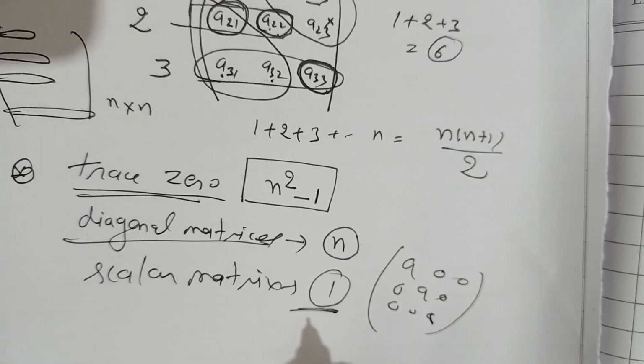So by this method you can find the dimension of any vector space by checking the number of independent variables or the number of elements in the basis. Fine.